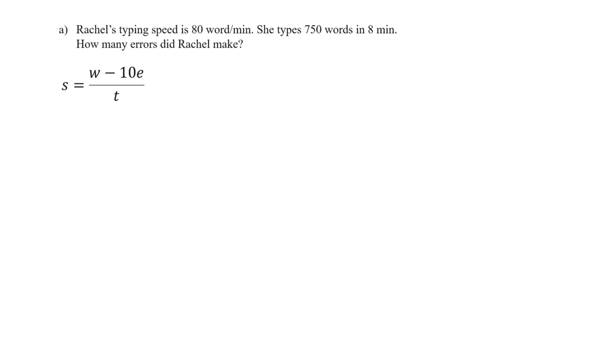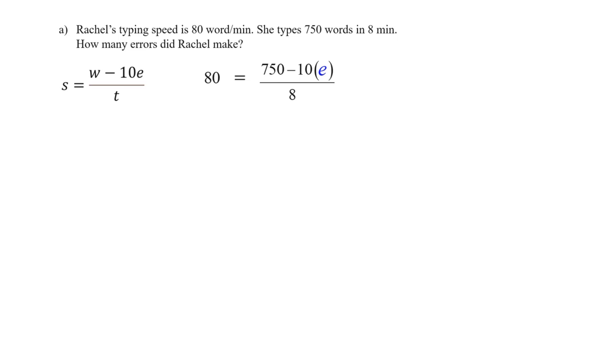So there's our original equation, our formula as it were, and now we can plug in 80 for the speed, 750 for W, and 8 for T. Now we're left with trying to figure out the number of errors she made, represented by the variable E.